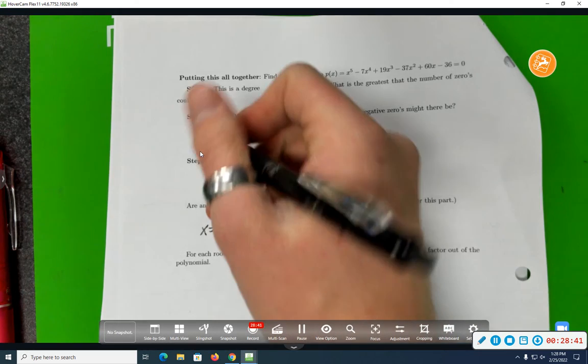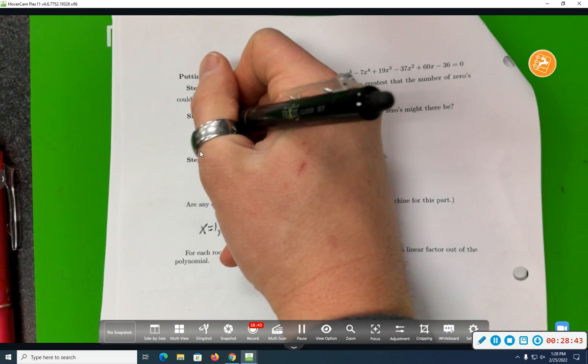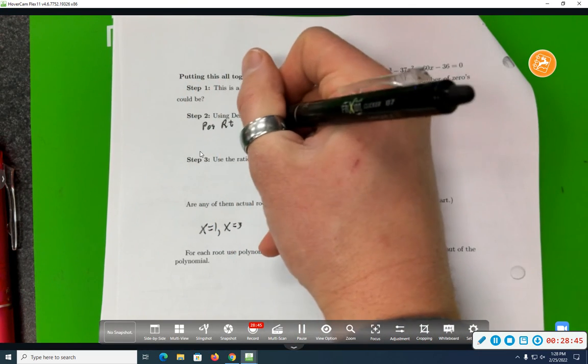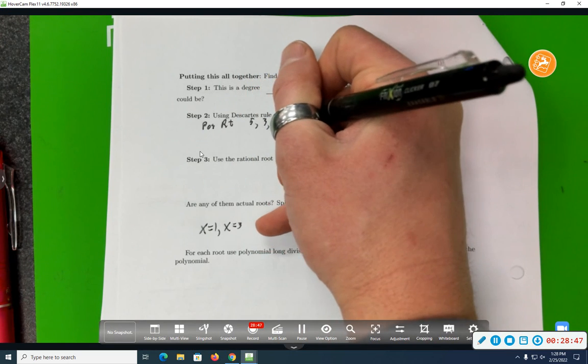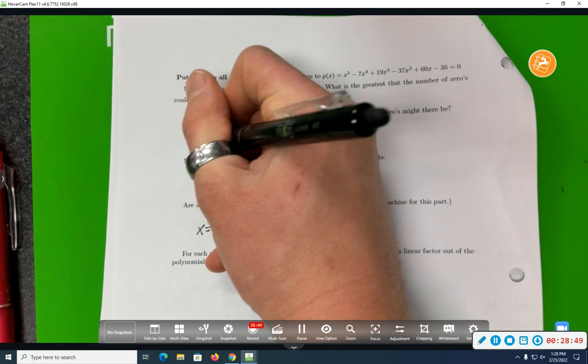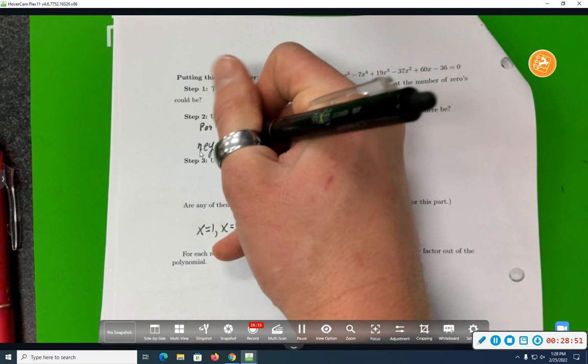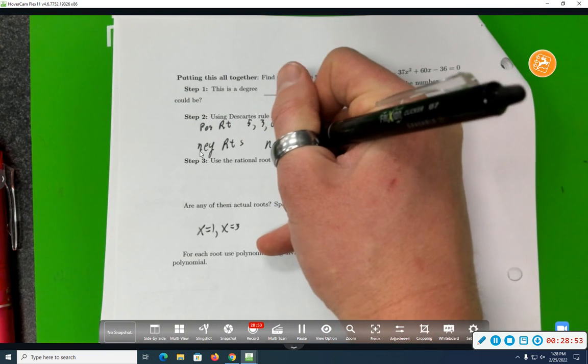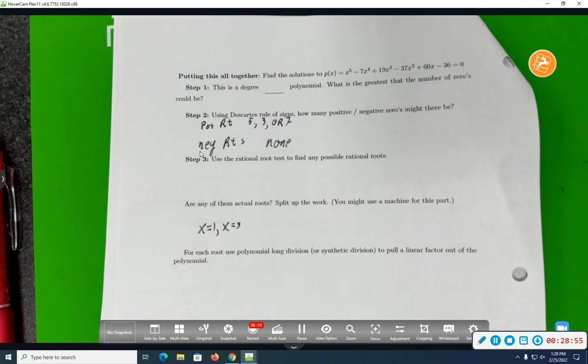So how many positive roots does this have? How many negative? Just to push one thing forward, how long was the list of possible rational roots?